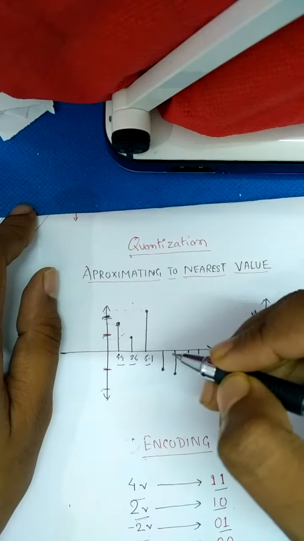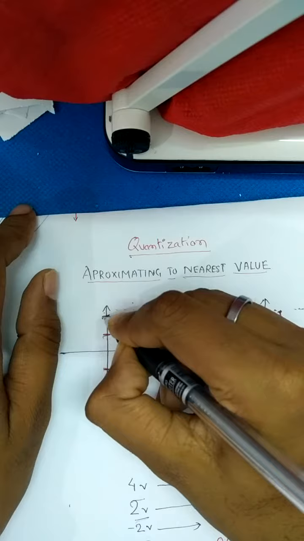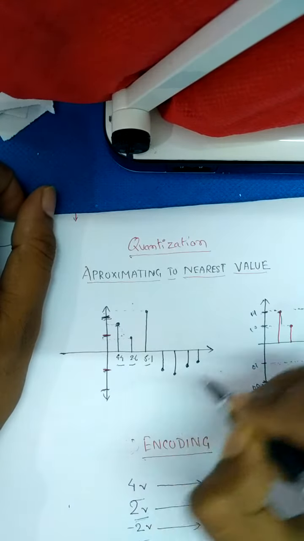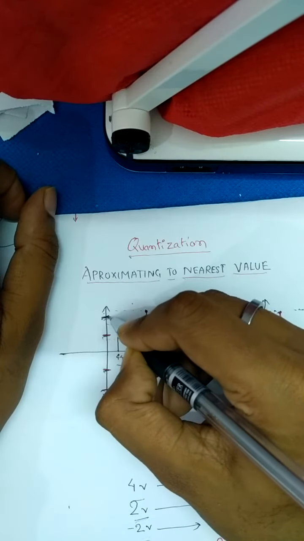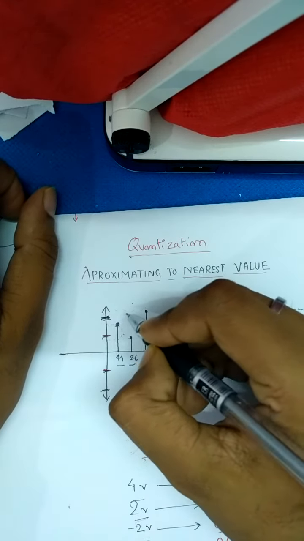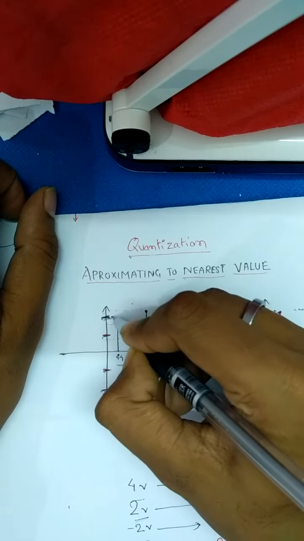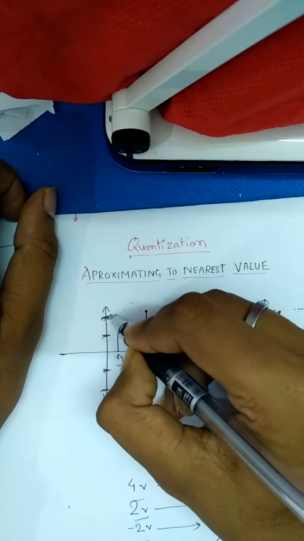We need to approximate them to some fixed values. So we will have a certain number of levels, and we will take each sample and set it to its nearest level. So this sample will be quantized to this level because this sample is nearest to this level.